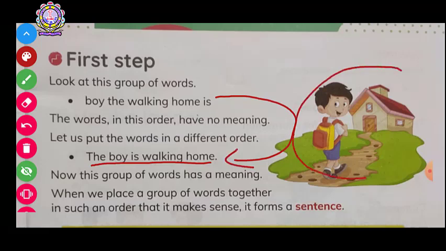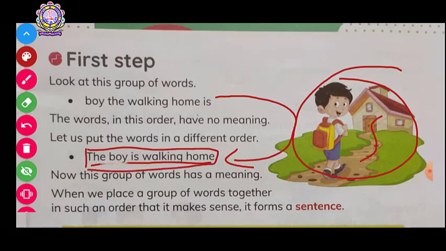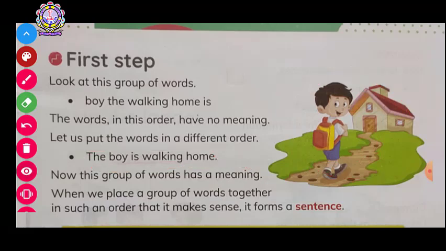As you can see in this picture, he is walking towards his home. So this is the correct sentence. It's a meaningful sentence, isn't it? Yes. Now we will read further what is written.